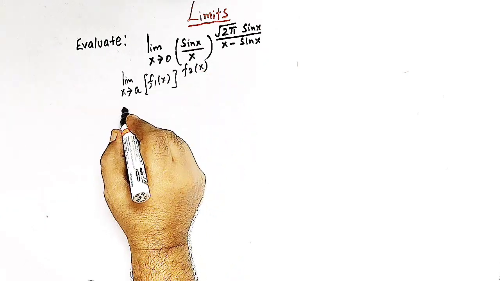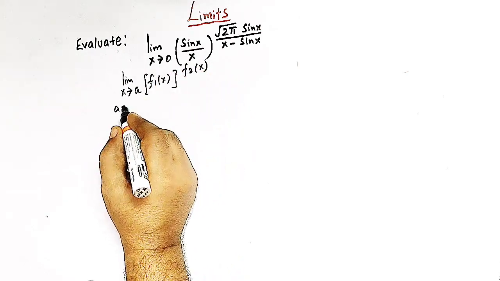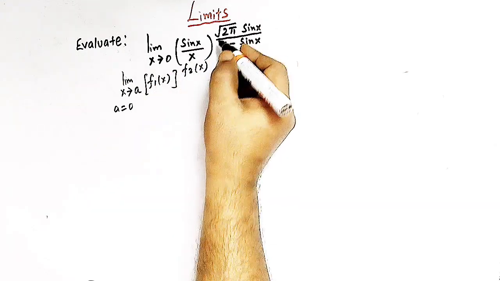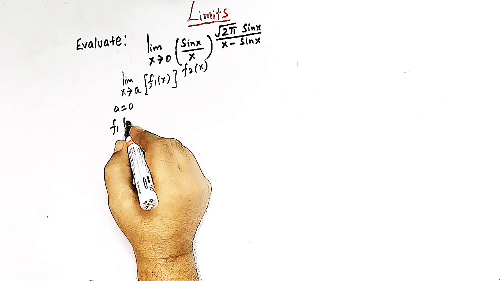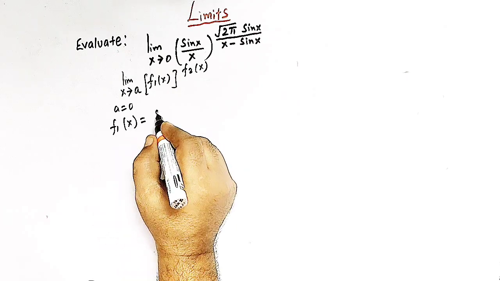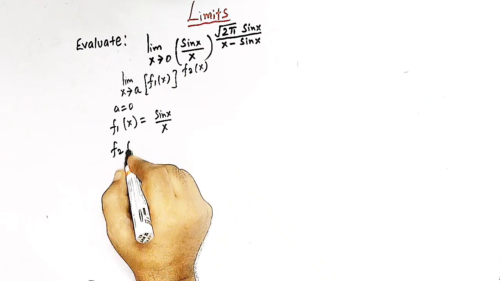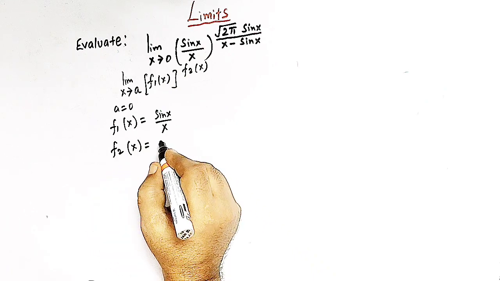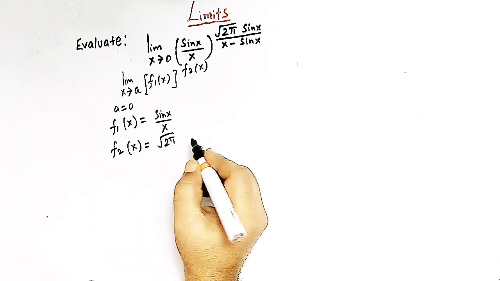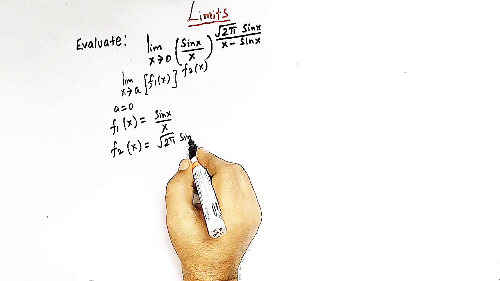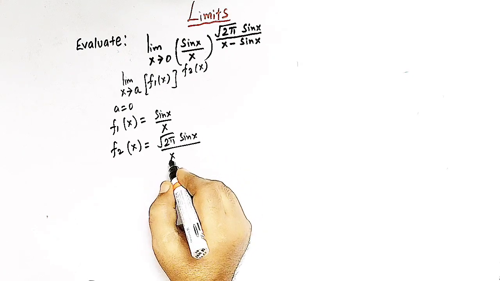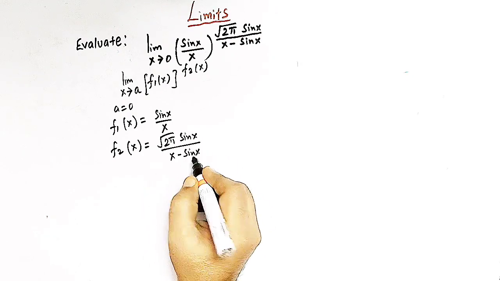And here a is 0. Comparing this limit with this one, the function f1(x) is given by sin x over x, and f2(x) is given by square root of 2 pi sin x divided by (x minus sin x).